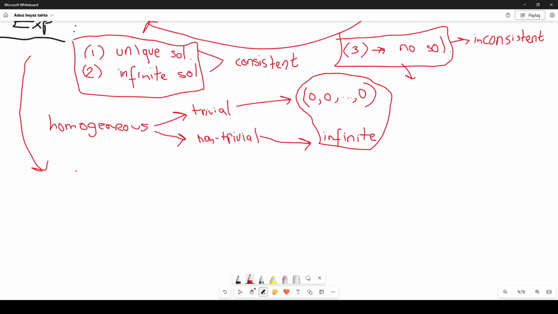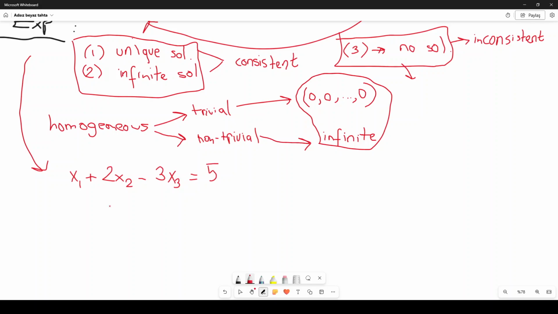Here's the example. The first equation is x1 plus 2x2 minus 3x3 equal to 5.